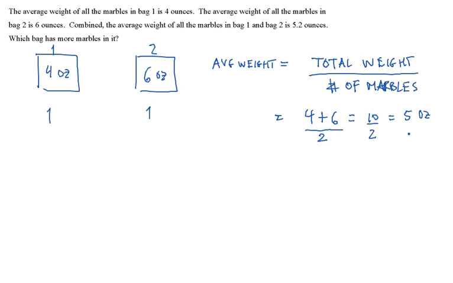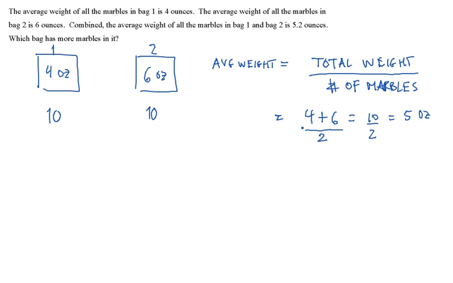In general, it is always the case that if there's the same number of marbles in each bag, then the average weight will be the exact middle of the two average weights, or in this case 5 ounces. If, for example, there were 10 marbles in bag 1 and 10 marbles in bag 2, what would the average weight be? Well, the average weight would be the total weight divided by the number of marbles.